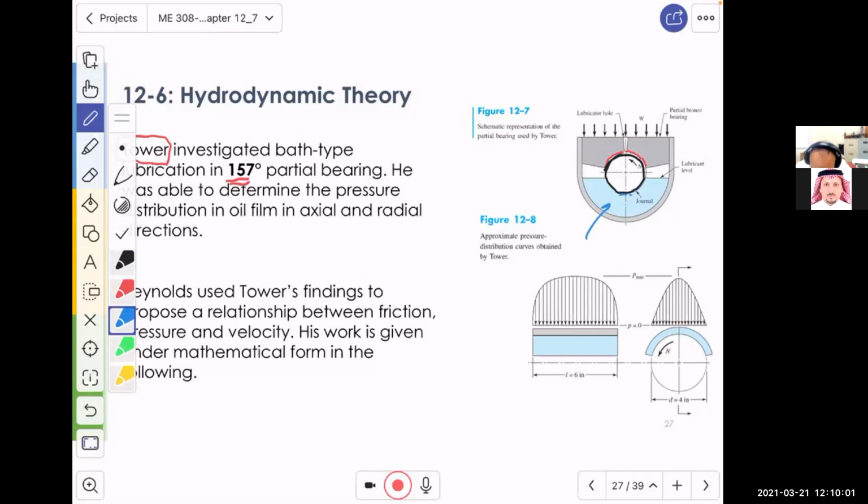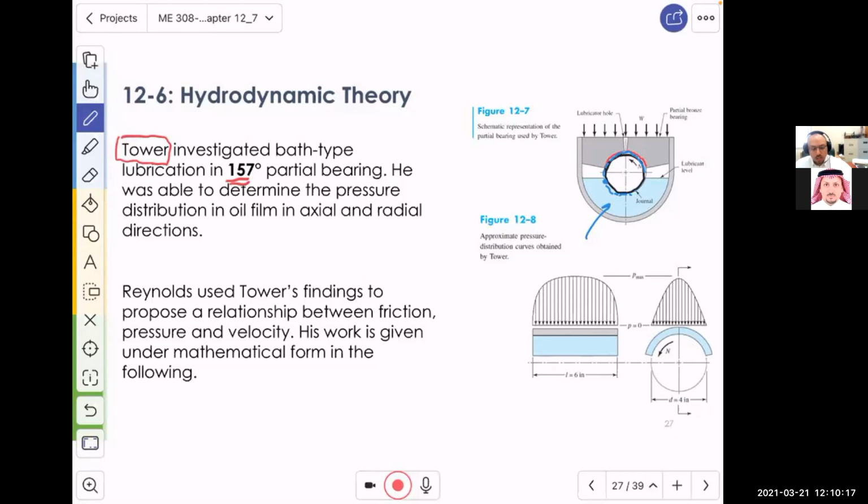So as you see, the lubricant will touch the journal from below and push around, and this is how the whole thing happens. Tower did a lot of investigation.